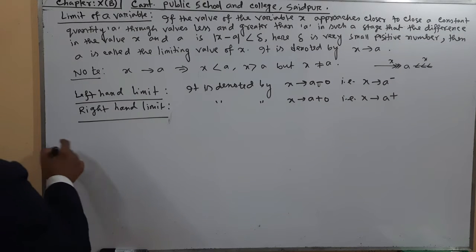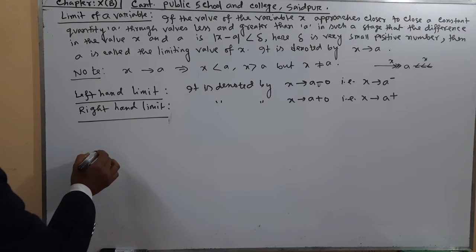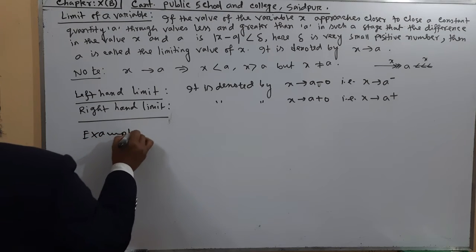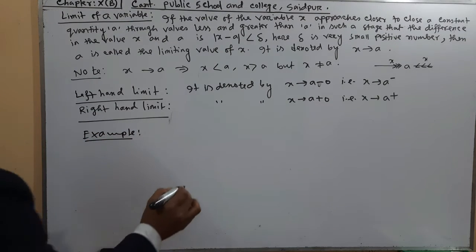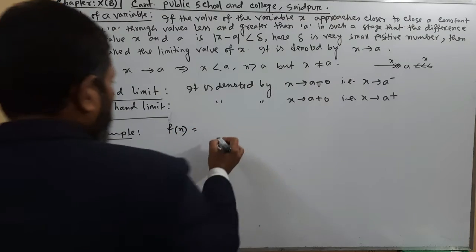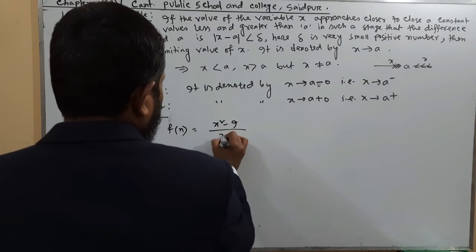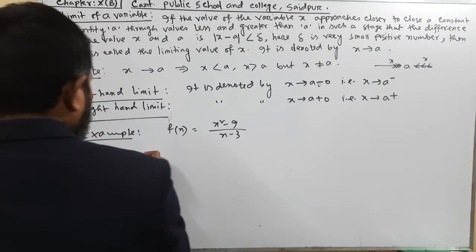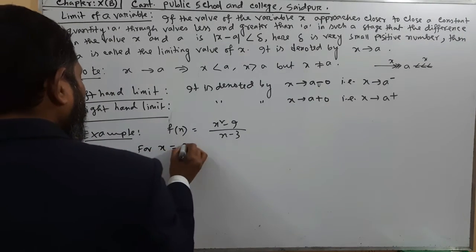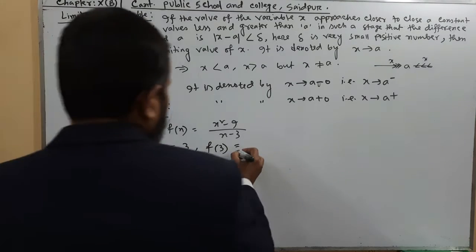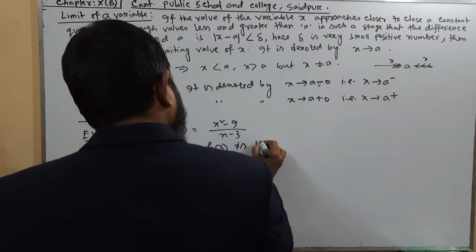Suppose I am giving an example. Here f of x is equal to x square minus 9 over x minus 3. This is the function. For x equal to 3, f of 3 is undefined.